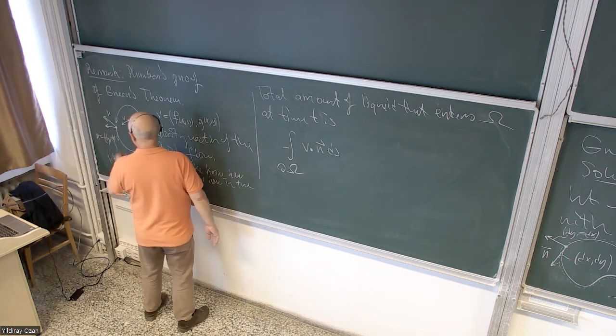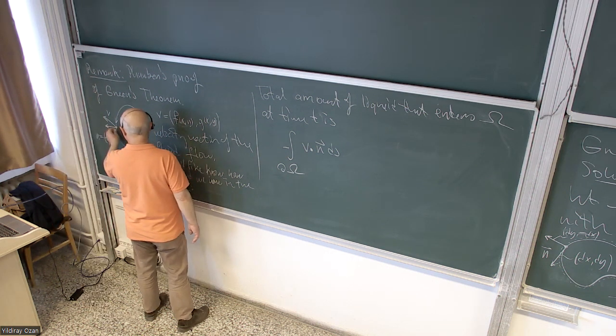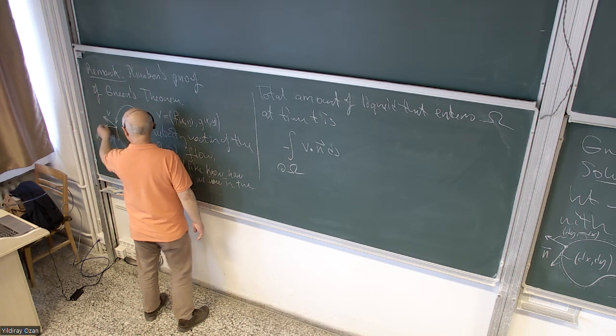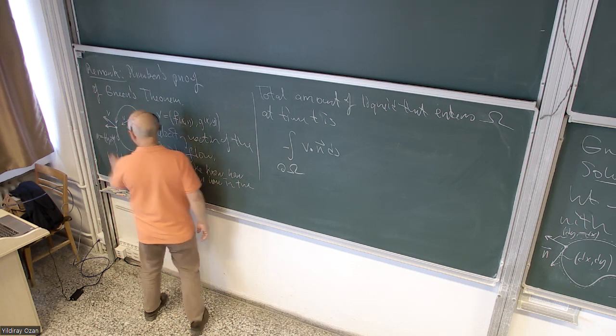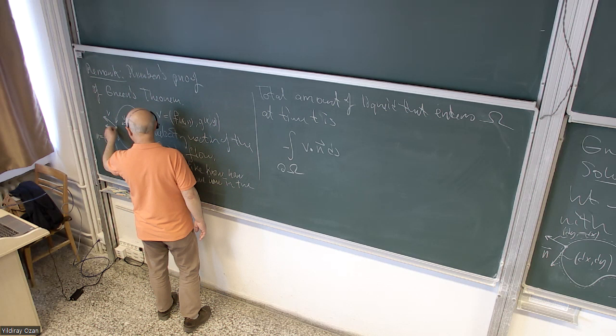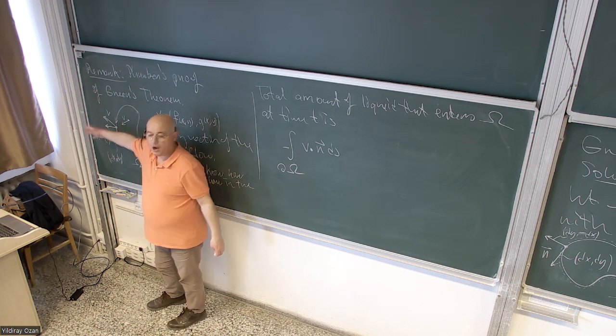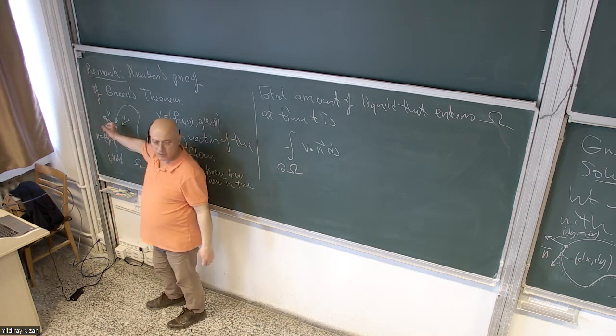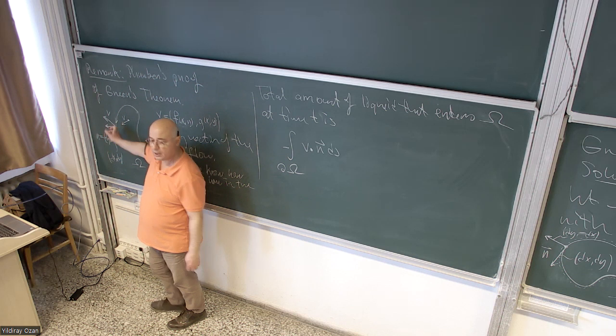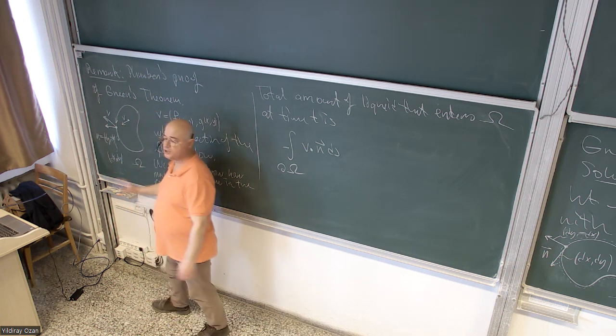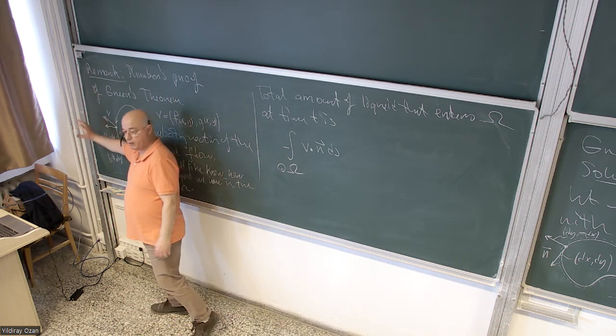You see, if V is perpendicular to the normal vector, it means the liquid is moving along the boundary, but it is not going outside. That's why we are taking the dot product. The dot product gives us how much liquid is going out.